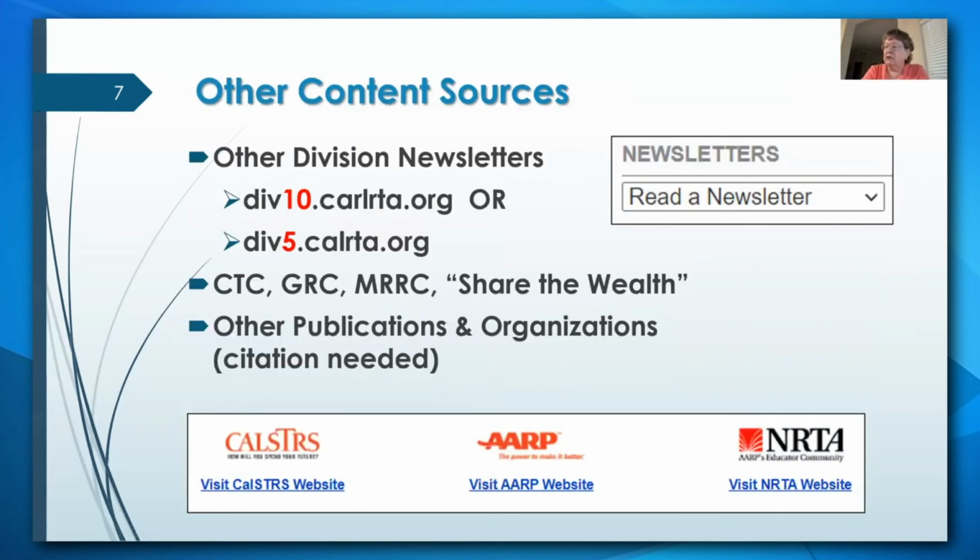Still more sources of ideas and content for any spaces you want to fill are shown on this slide. You may already know your own division's URL. So all the other divisions are the same. It's div and then the number, either 1 digit or 2 digits, and then .calrta.org.